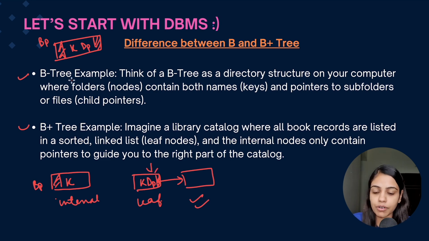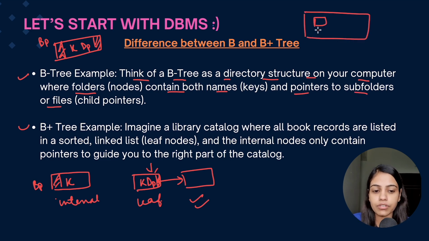So let's understand from an example. Think of a B tree as a directory structure on your computer where folders contain both names and pointers to subfolders or files. Consider that there is a directory on your computer. Now there is a folder, and there would be some name for this particular folder. So this is the key of this folder.